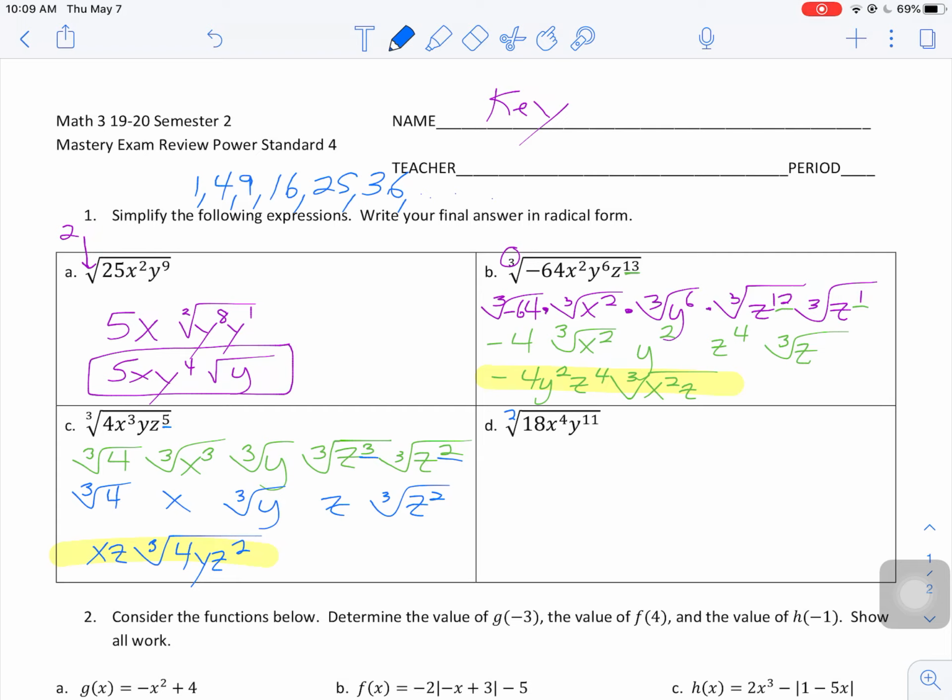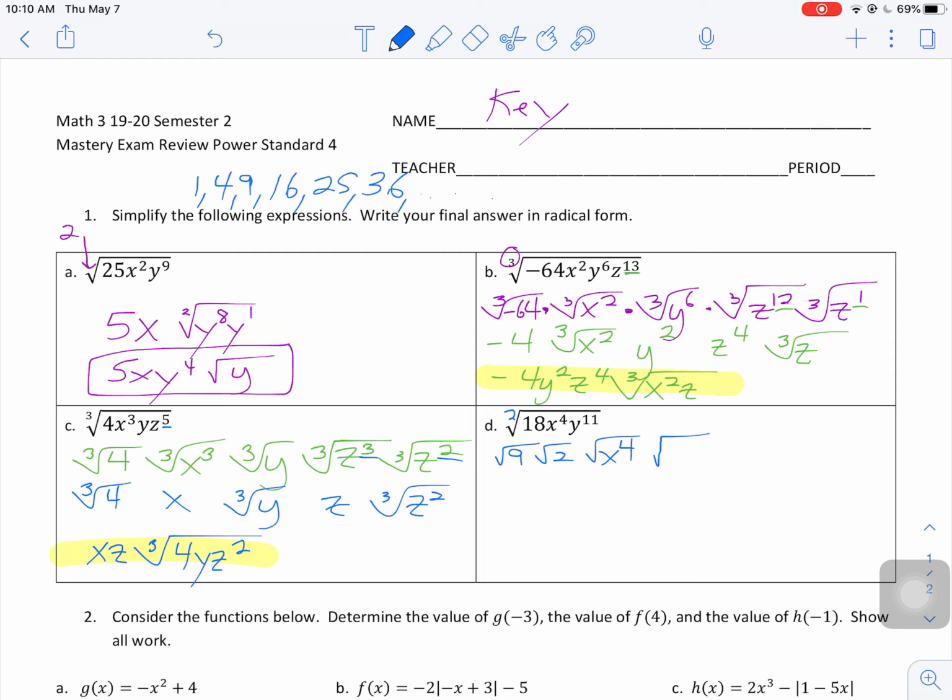1, 2, 3, 4, 5. So the largest perfect square factor of 18 is 9. So we're going to split 18 into square root 9 times square root 2. The square root of x to the 4th I'm going to leave alone because that will simplify evenly since 4 divided by 2 is 2. And then the y to the 11th I'm going to want to split into something that works because 11 divided by 2 is a decimal.